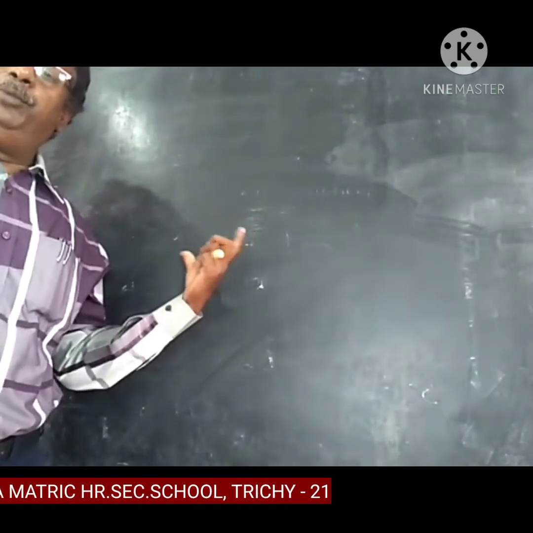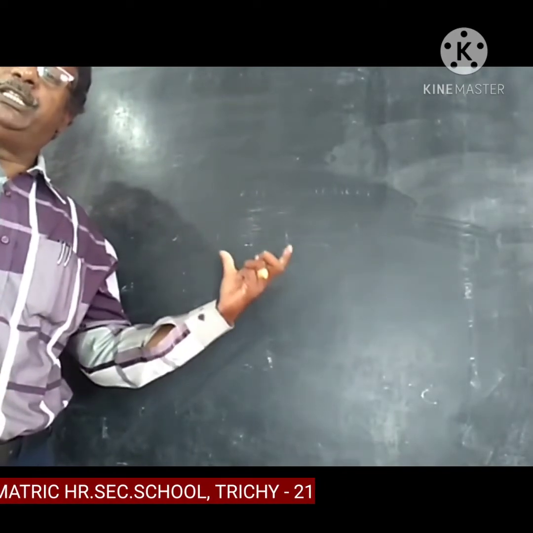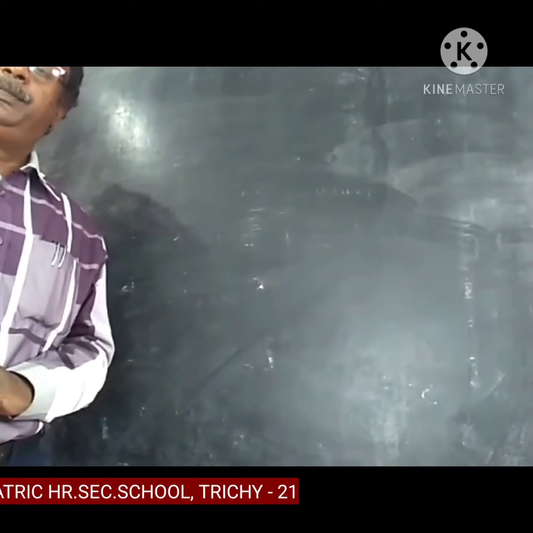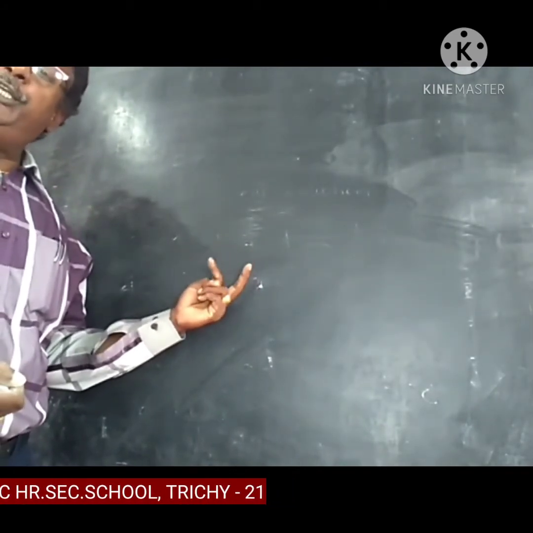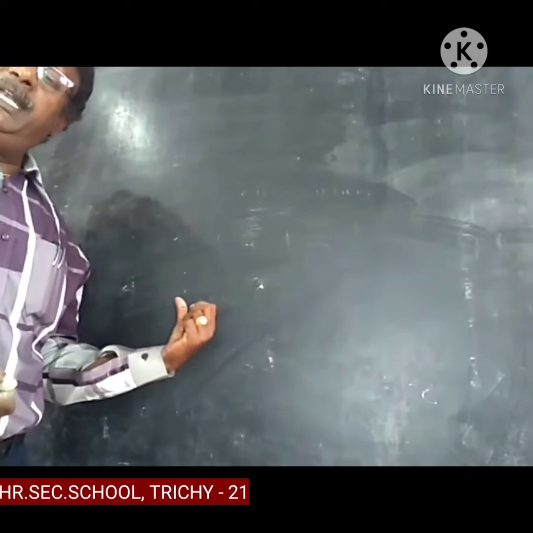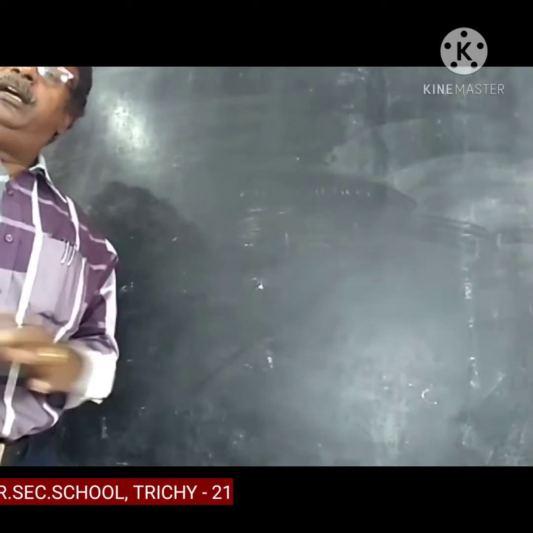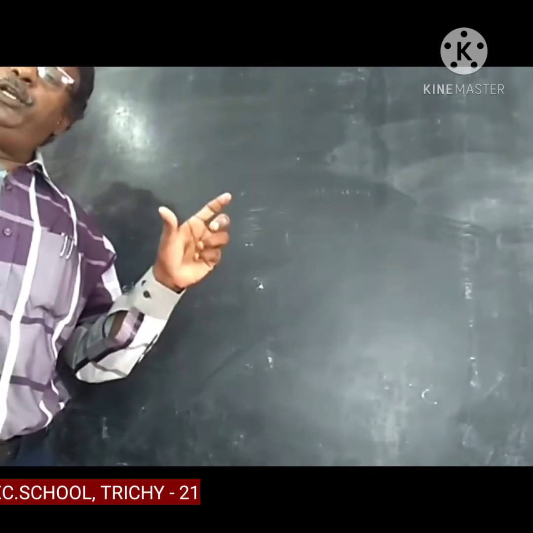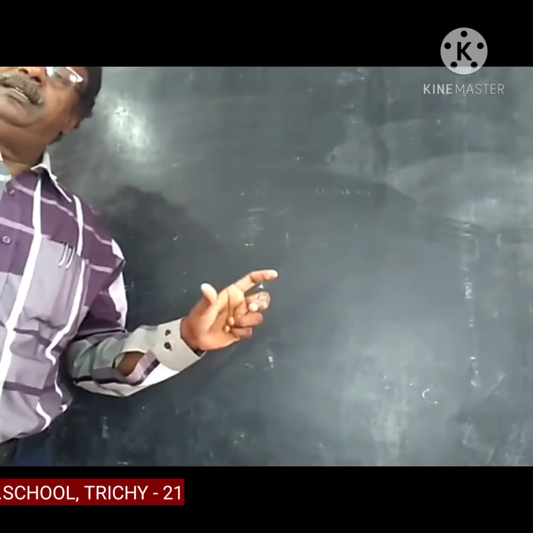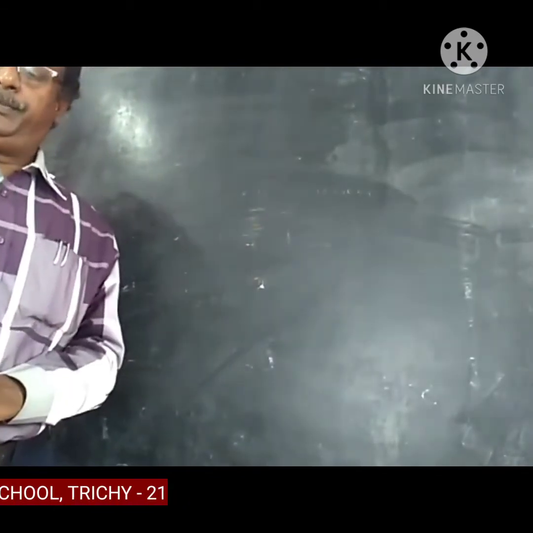Isotonic solution: both solutions have the same concentration. Comparing two solutions, one is hypotonic and the other is hypertonic. These three types of solution play a vital role in cellular activities.